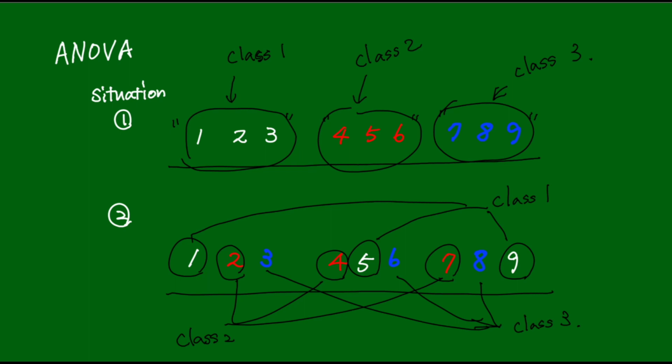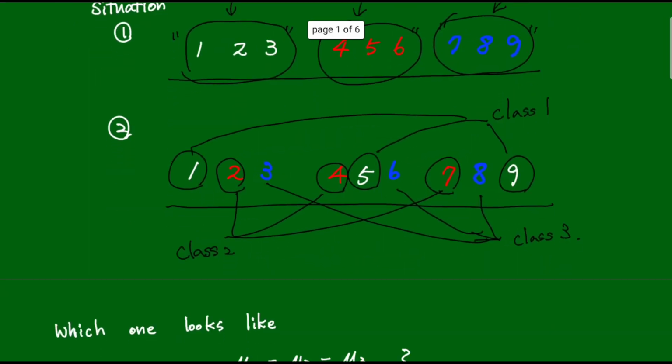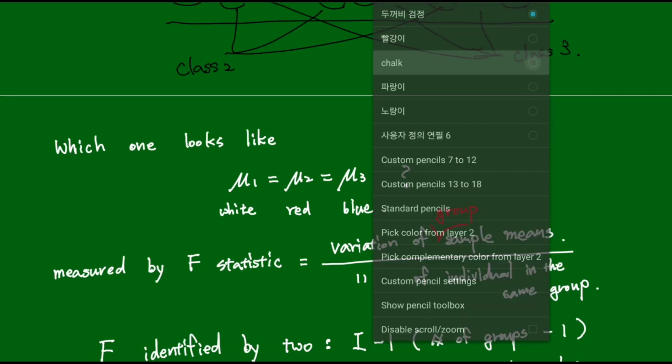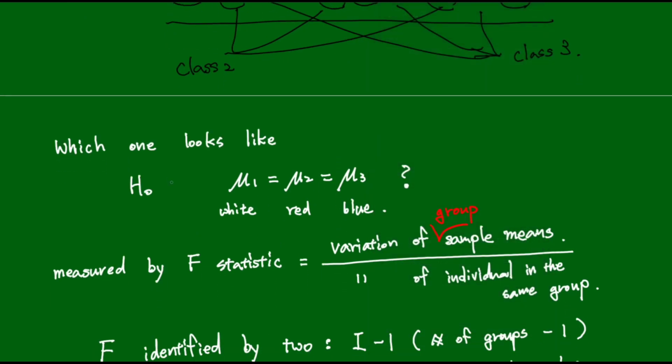Okay, and what I want to test is that I want to compare the mean of each group. So in my null hypothesis, mu of the group white, which is class 1, so the average homework score of classes 1, 2, 3 are the same.